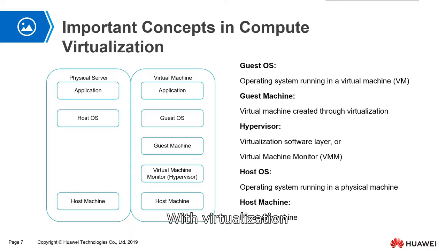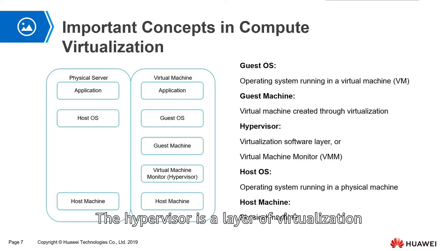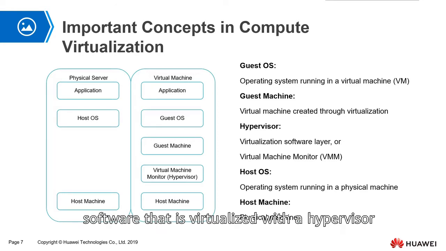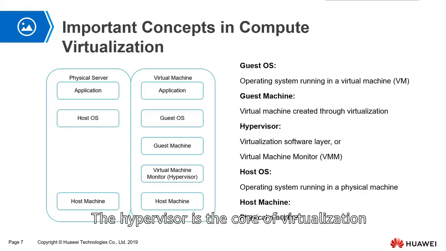With virtualization, it is not just the host machine and the host OS, but also the hypervisor. The hypervisor is a layer of virtualization software. The hypervisor is the core of virtualization.